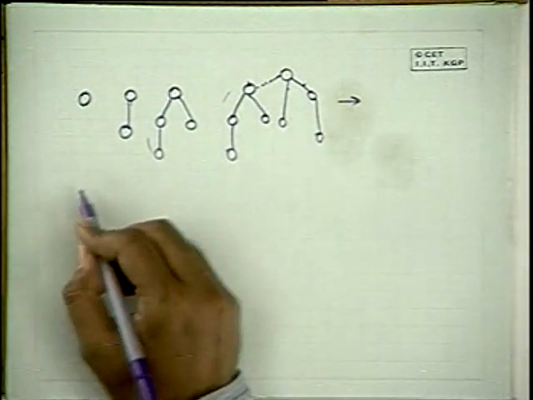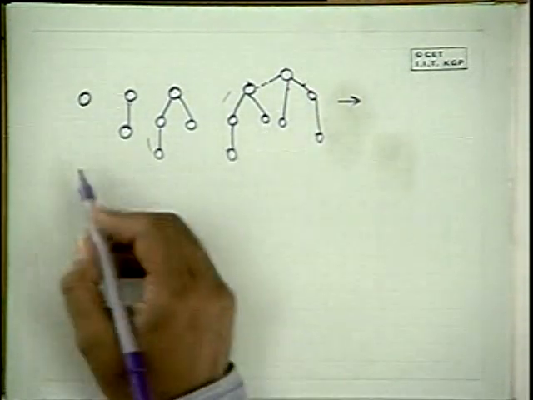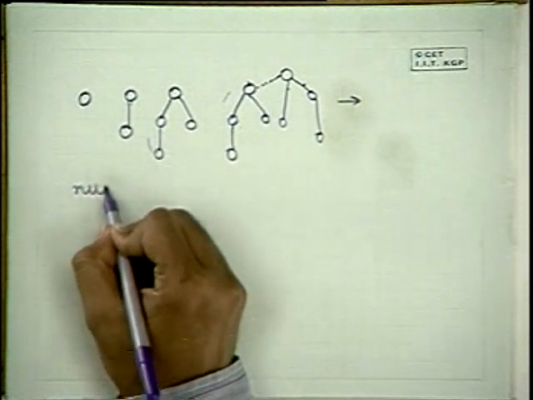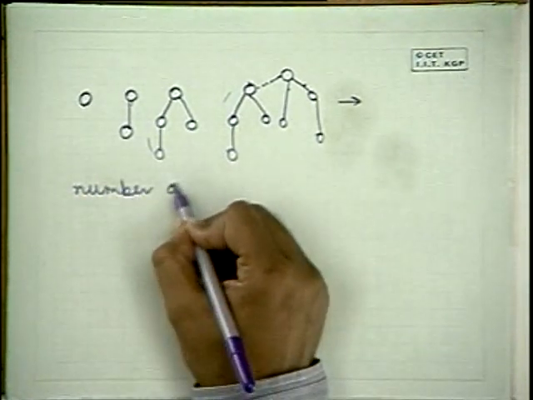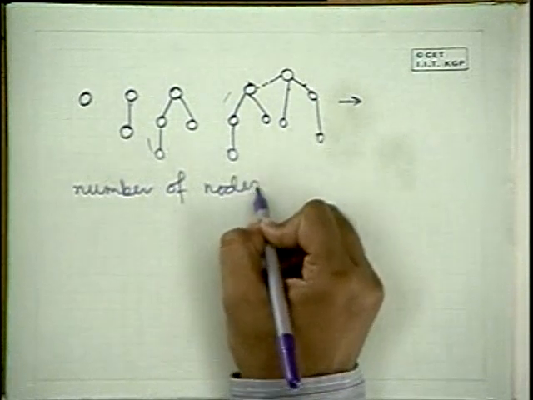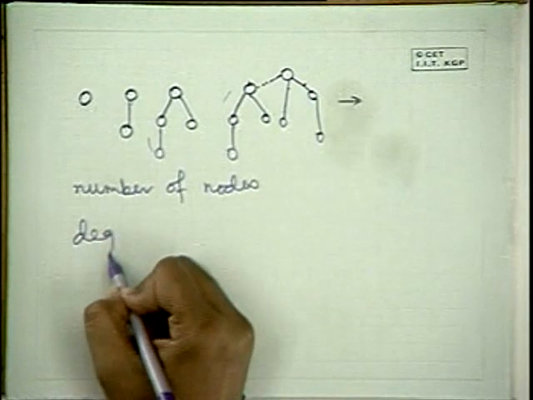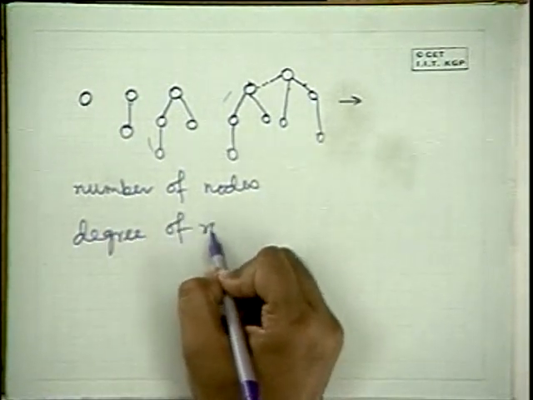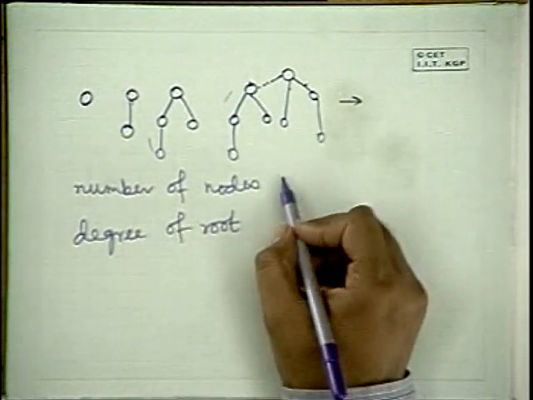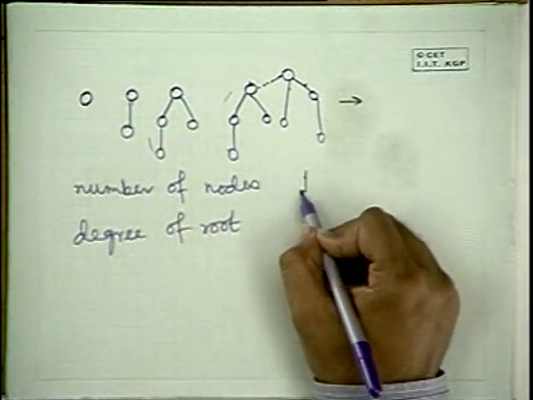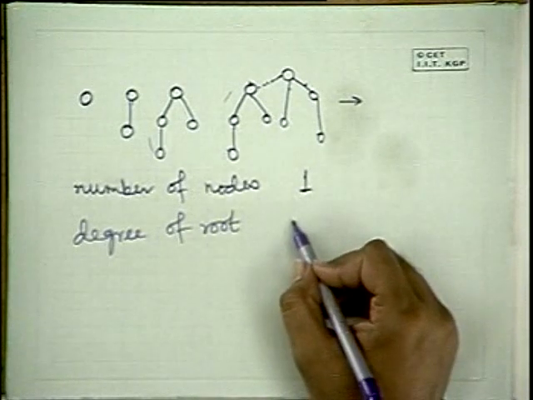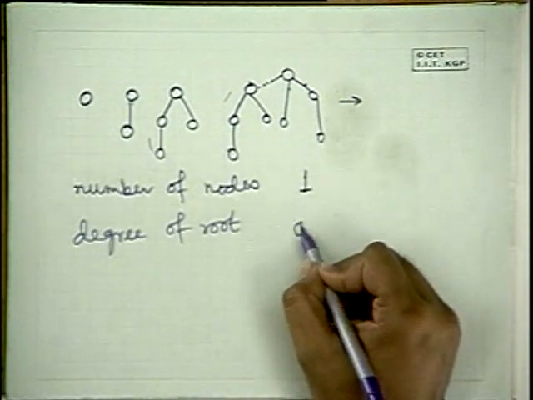Okay, but look at the degrees of the node now. What is happening? So suppose I just list down the number of nodes and degree of root. Number of nodes 1, degree 0.